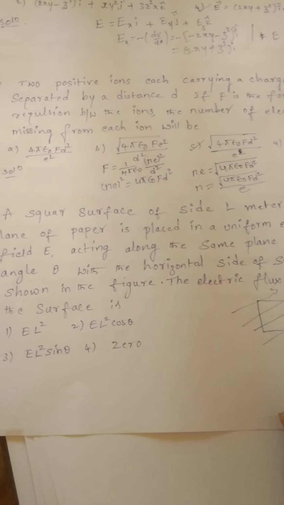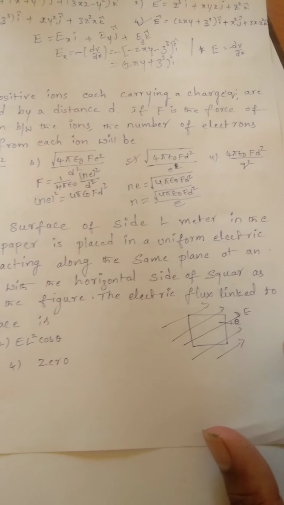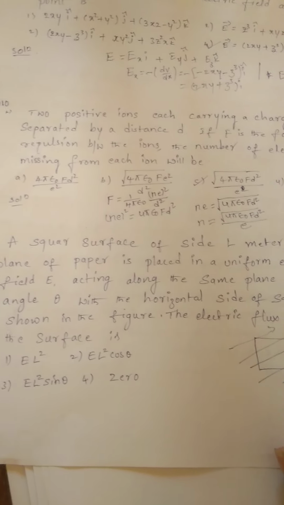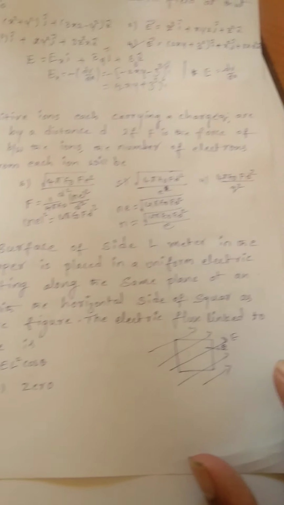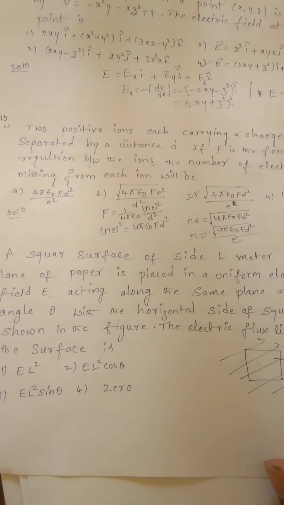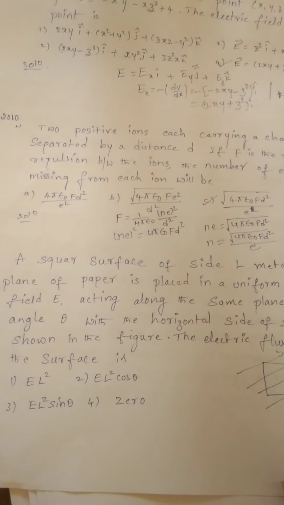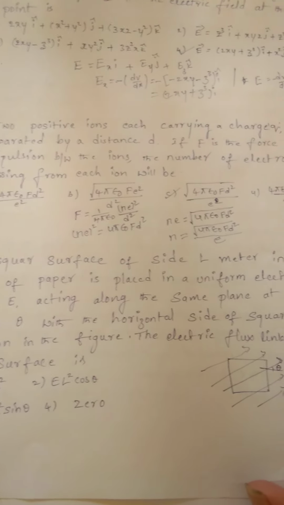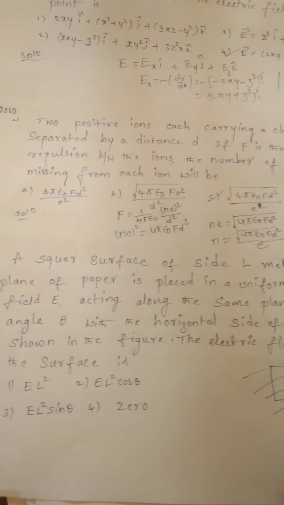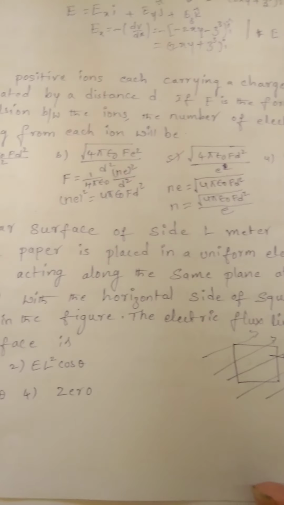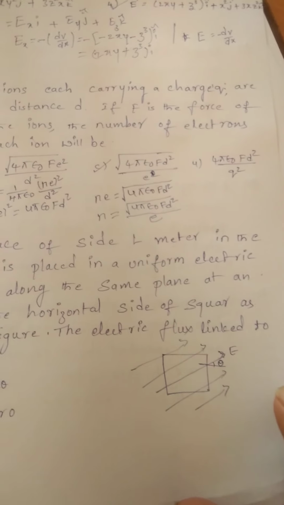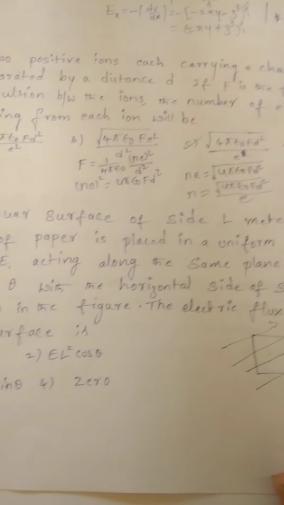A square surface of side L meter in a plane of paper is placed in a uniform electric field E acting along the same plane at an angle theta with the horizontal side of the square, as shown in the figure. Find the flux linked with the surface.